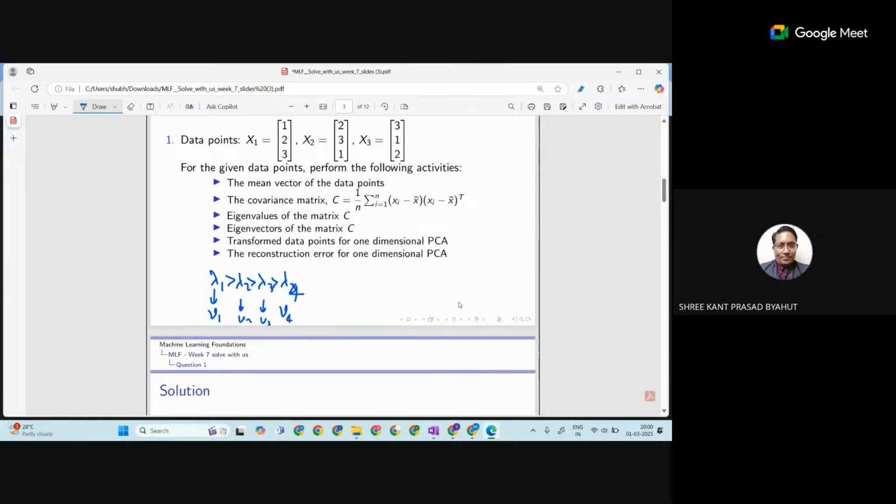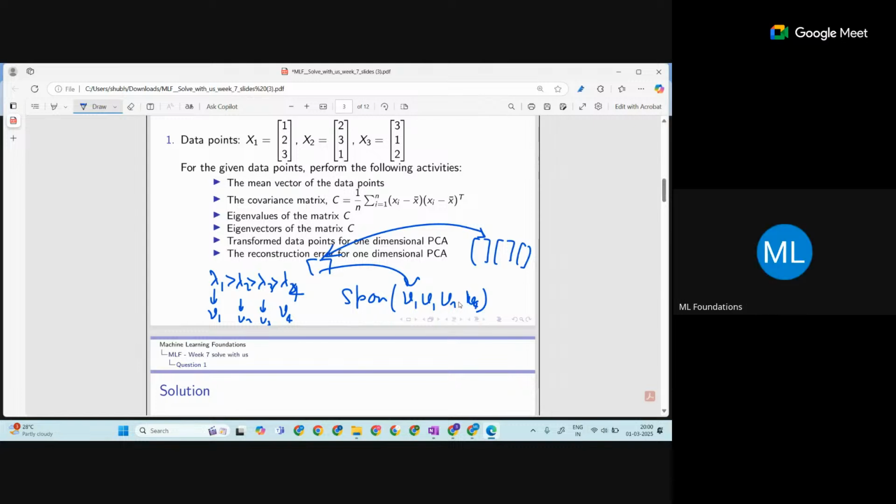Find the span of V1, V2, V3, V4 and project the 1000 vectors here. That's all. You get the reconstructed vectors, with less reconstruction error or higher variance. Higher the variance. That's all.